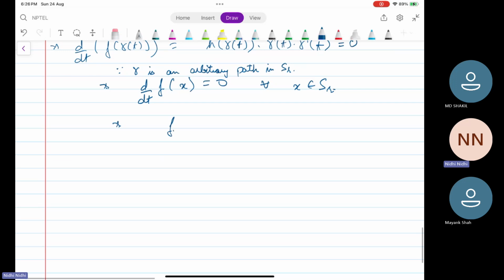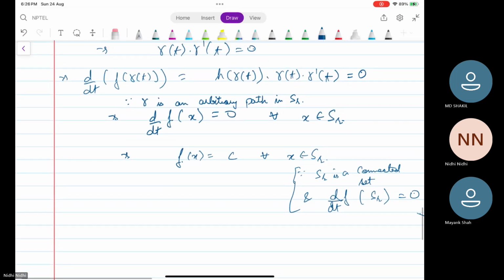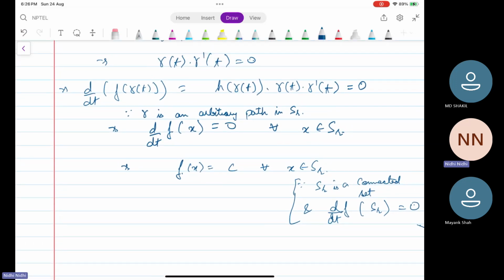This implies f(x) is equal to some c for every x in S_R, because S_R is a connected set and the derivative of f on S_R is 0.